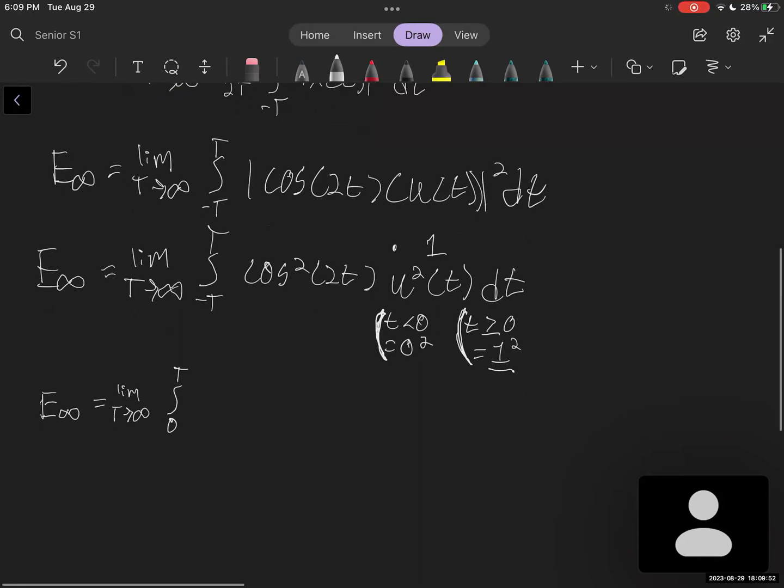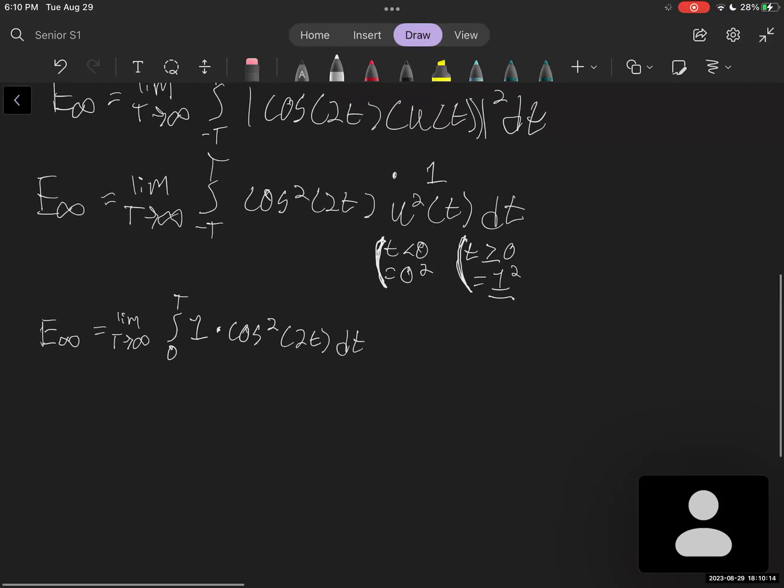Because any value less than 0 is always going to be 0 because you have a step function multiplied in. And any value greater than 0 is always going to be 1. So then you can treat it as if there is a 1 here times the cosine squared term, and that simplifies the function considerably. So now you're really just left with the limit as t goes to infinity of the integral from 0 to t of cosine squared of 2t.